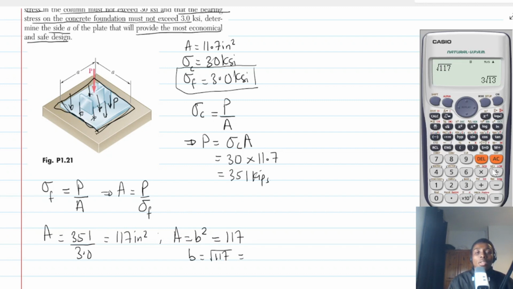The square root of 117 will give us 10.82. Therefore, that is the answer. So the side of the plate which will provide the most economical and safe design. Sorry, so that is the B.